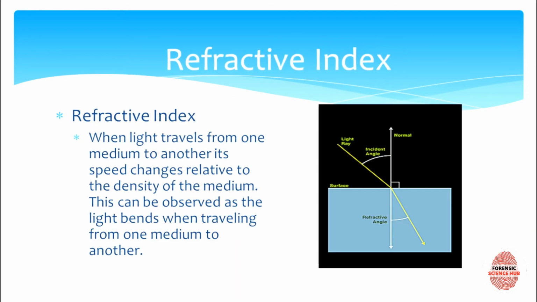Now, refractive index measurement. Refractive index basically is what happens when light travels from one medium to another: the speed changes relative to the density of the medium. According to the density of the medium, the speed of the light will change, and this will lead to the bending of light. Here you can see light should have gone straight like this, but it bent.